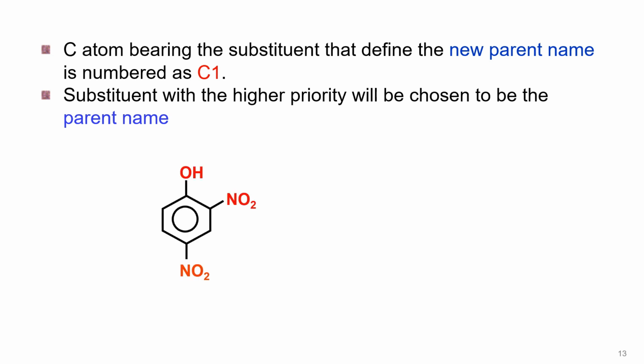Example 1: alcohol has the highest priority to be a parent name with the benzene ring. So, carbon 1 is the carbon that contains OH. NO2 is the substituent at carbon 2 and carbon 4. Therefore, the IUPAC name is 2,4-dinitrophenol.